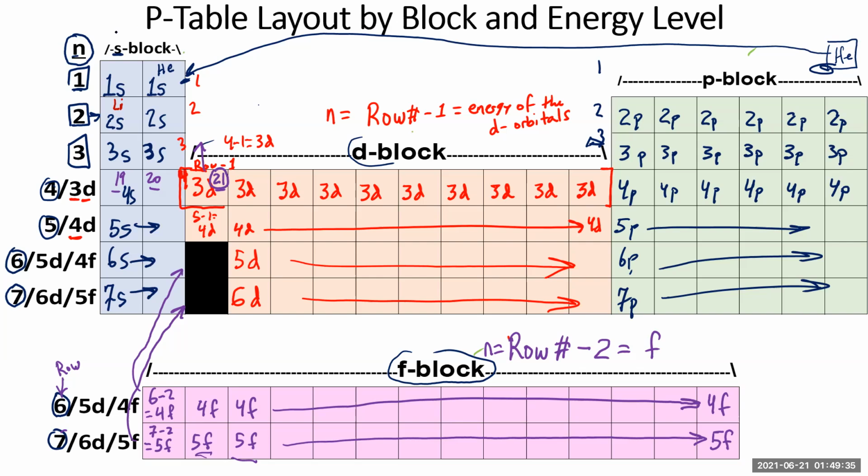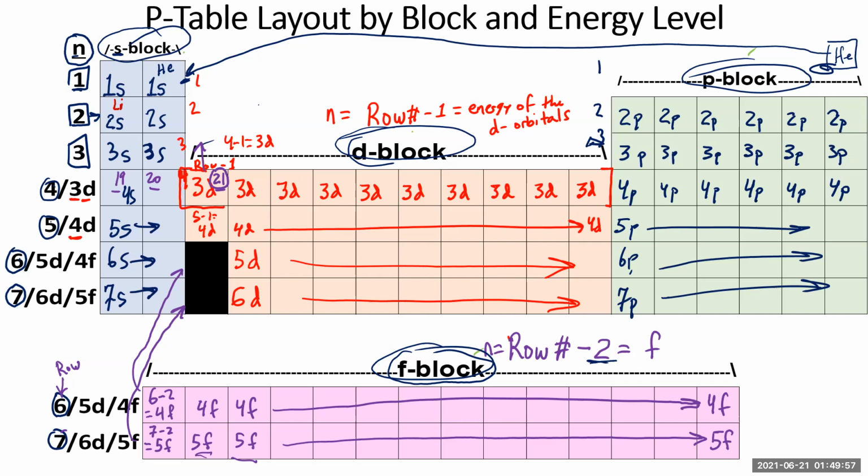So that's the layout. You have your S block, you have your D block, which is one integer number lagging behind the row number in terms of energy level. You have your P block, and you have your F block, which is 2 integers or 2 units less than the row number for its corresponding energy level.